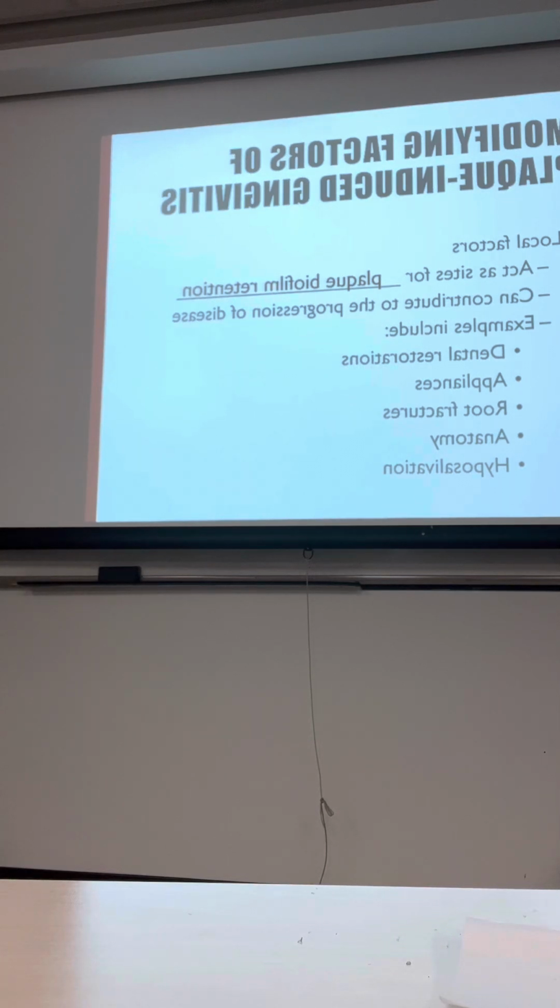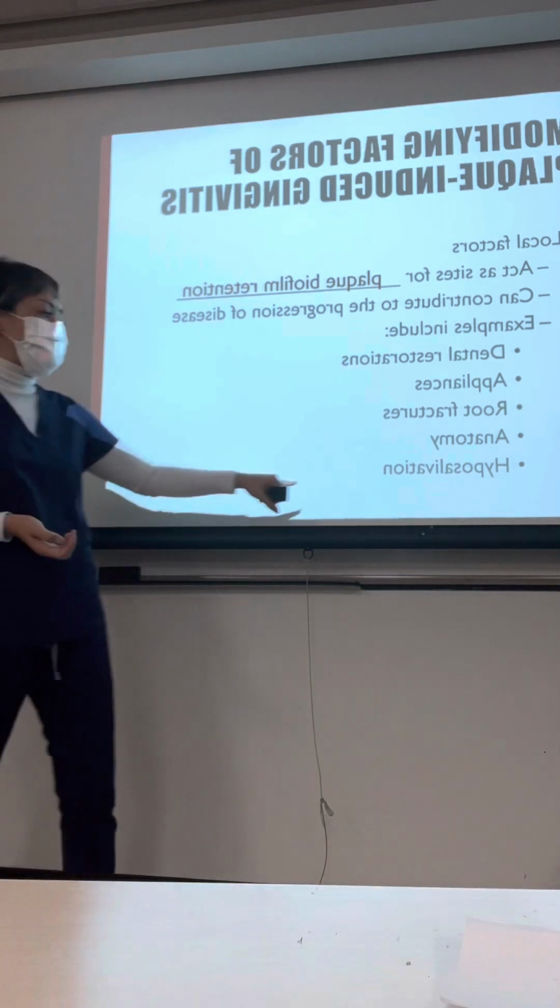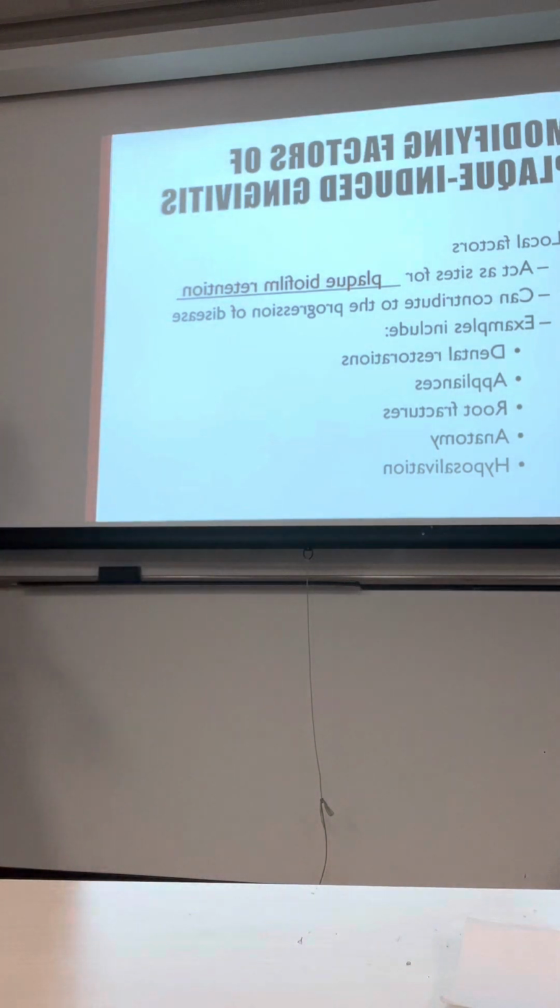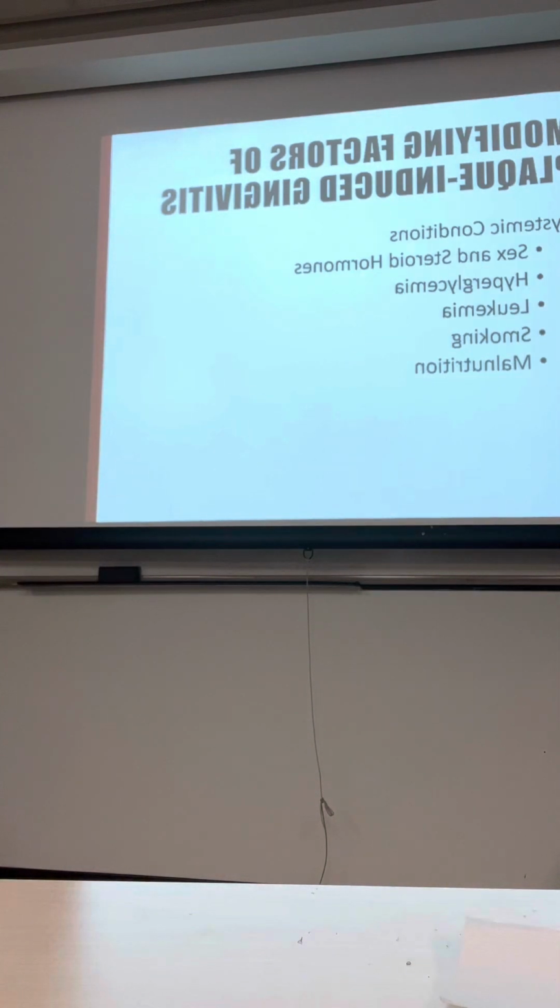Appliances such as retainers, dentures, right? Anatomy or root fractures, and then even hyposalivation can be considered a factor there. Other systemic conditions we'll take a look at: hormonal variations, hyperglycemia, leukemia, smoking, and malnutrition.